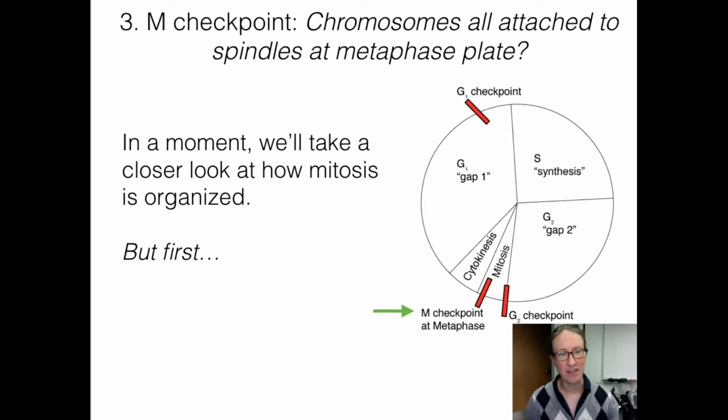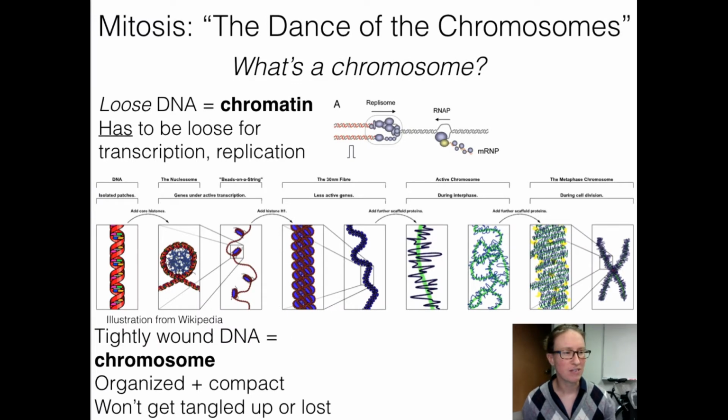But before we do that, we need to do one other thing, which is, if we're going to be talking about the dance of the chromosomes, we need to talk about what a chromosome is. So to set the stage, when we've been looking at the nucleus of a cell, we've seen nuclei that contain a whole bunch of loose DNA. And when DNA is loose or unwound, it's referred to as chromatin.